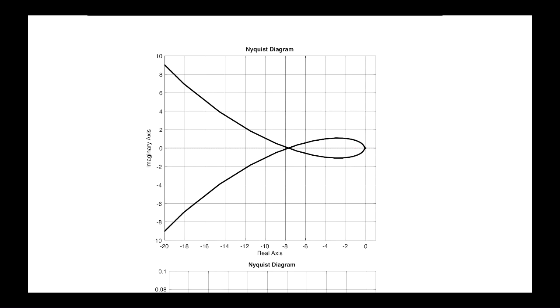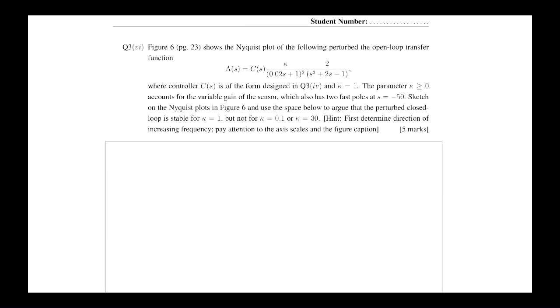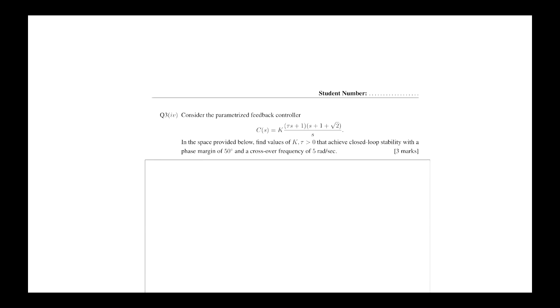And you'll be given a big chunk of a Nyquist plot, and you'll be asked to figure out what's the direction of increasing frequency. In situations like this where you have open loop poles at the origin, which you will, because the controller in this case has a pole at the origin.